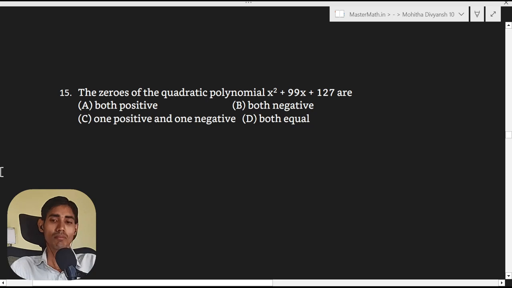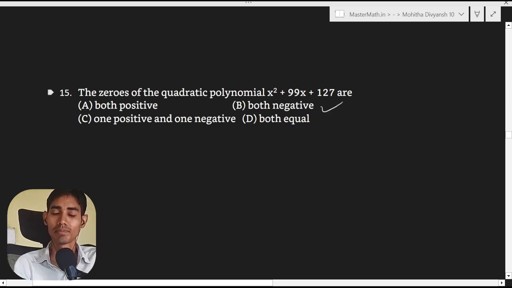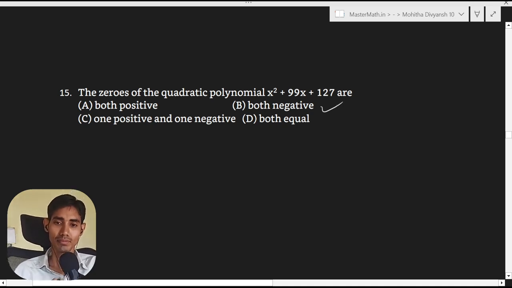Both negative. Yes, both would be negative. Reason being, when you split the middle term and find it, it would be positive. Anywhere you have a big number, you can take a smaller version of that. x plus 2, x plus 3.